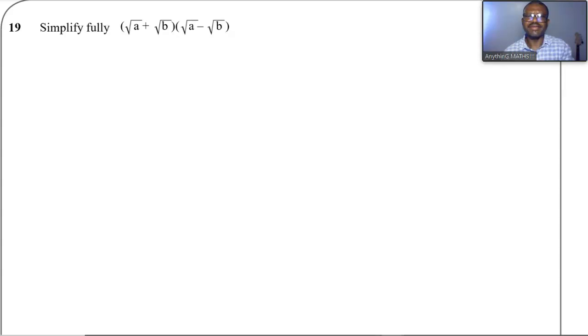Now simplify fully. So once you've written this fully, you need to be very careful. It means you can't simplify partially. This is just a difference of 2 squares. So we can write this as root a all squared minus root b all squared.